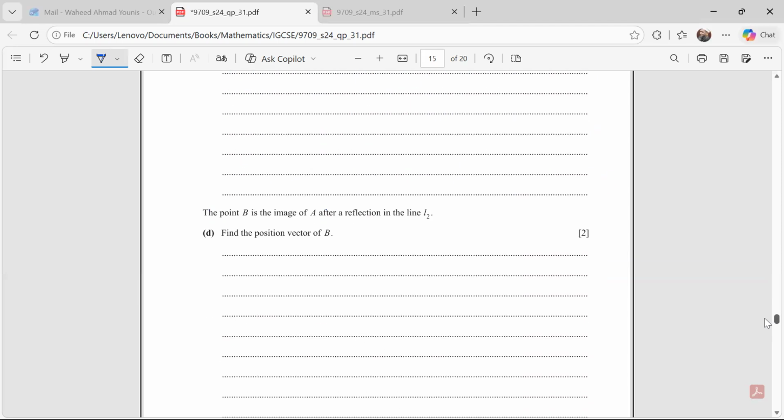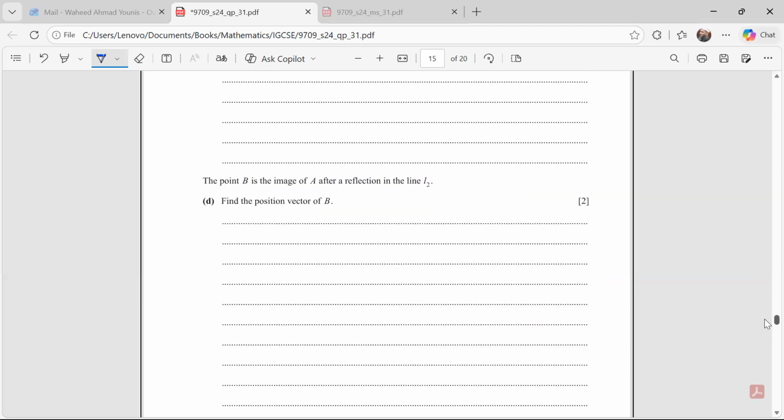Now this next part is interesting. We know that these two lines L1 and L2 intersect each other, and they're perpendicular to each other as well. Now A is on L1.